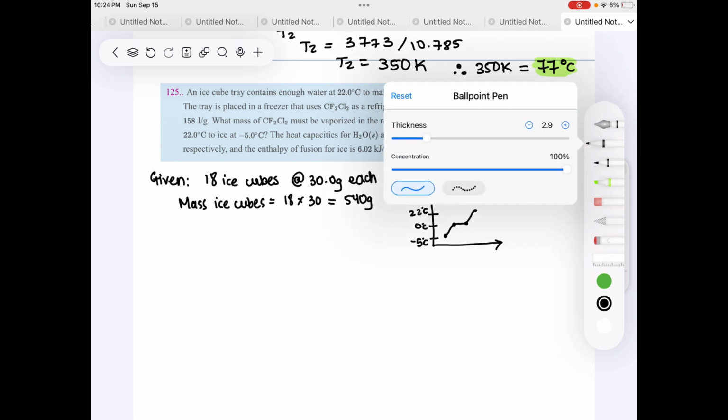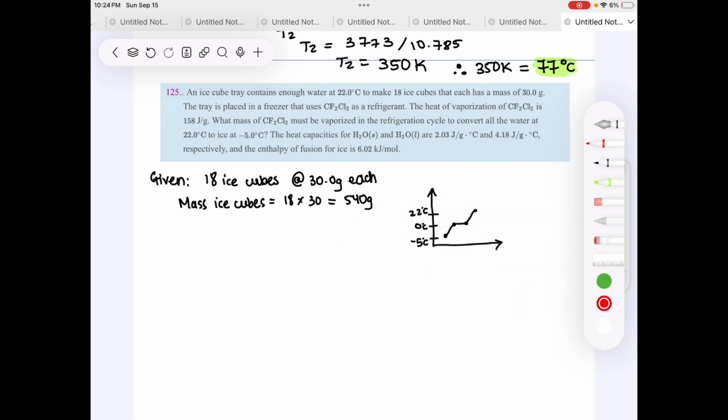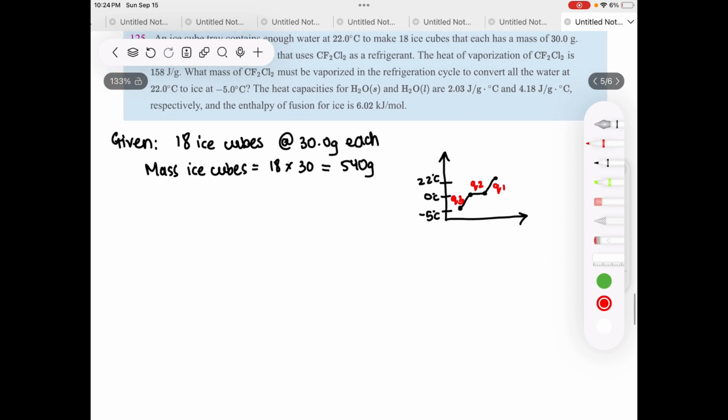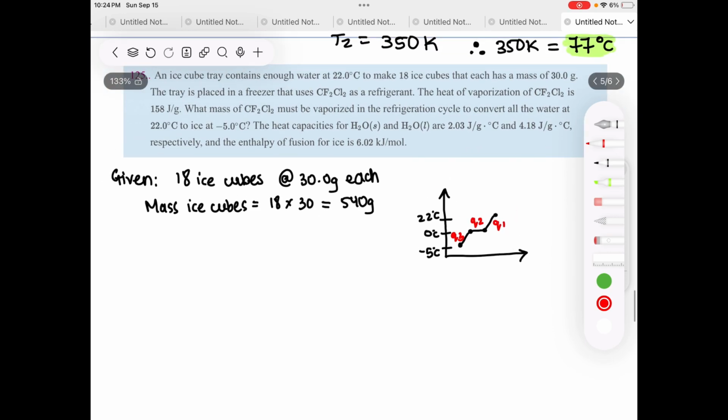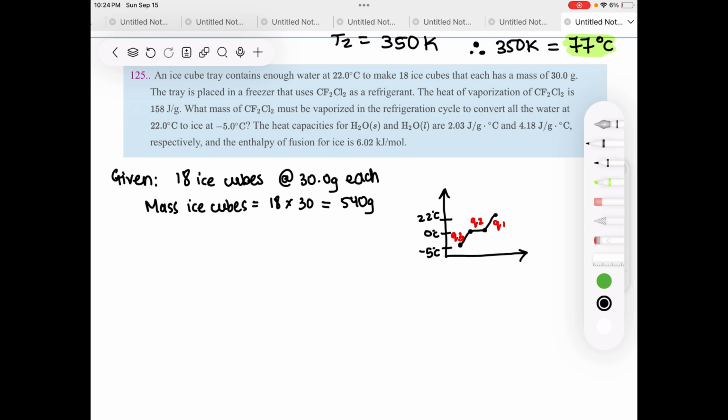Therefore, this is the chart. Let us mark Q1, Q2, Q3. Let us write the information that is given to us.